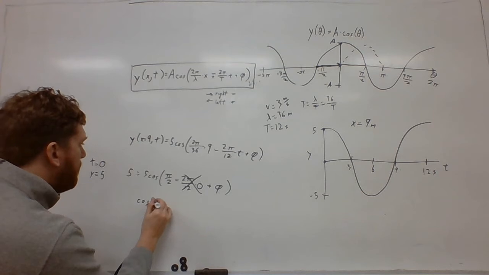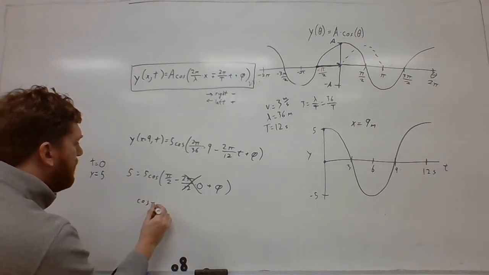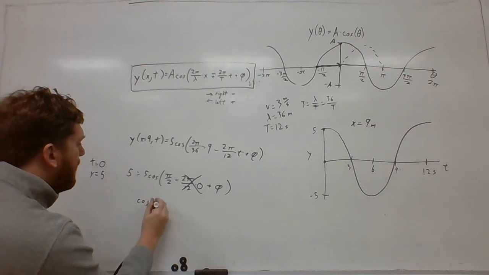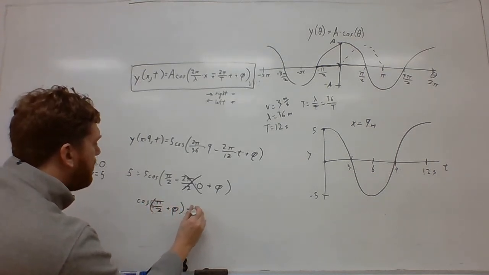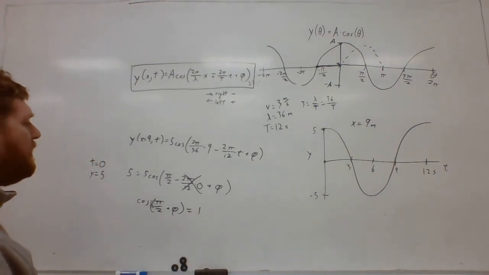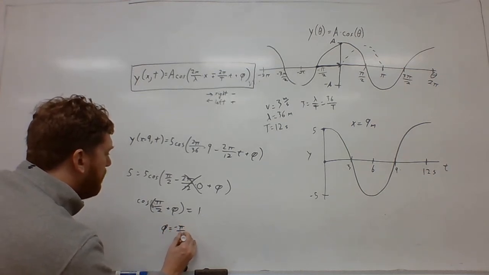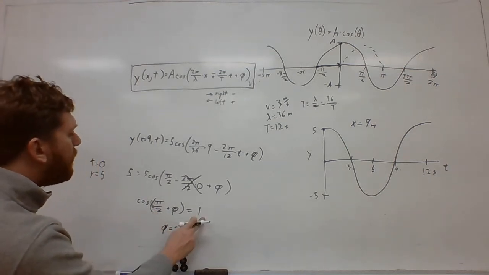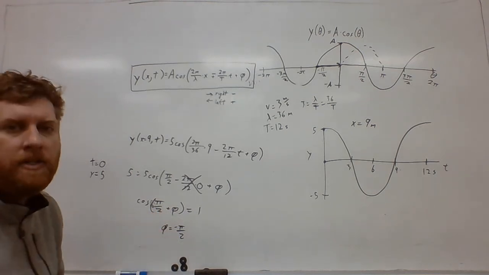So cosine, in this case, 1, I'm going to divide out the 5's, is equal to cosine of pi over 2 plus phase constant. That's equal to 1. So my phase constant in this case is equal to negative pi over 2. Because I know cosine of 0 is equal to 1, so in order for this argument to be equal to 0, phi is equal to negative pi over 2.